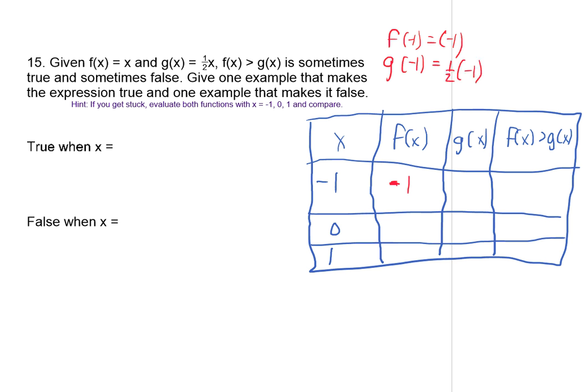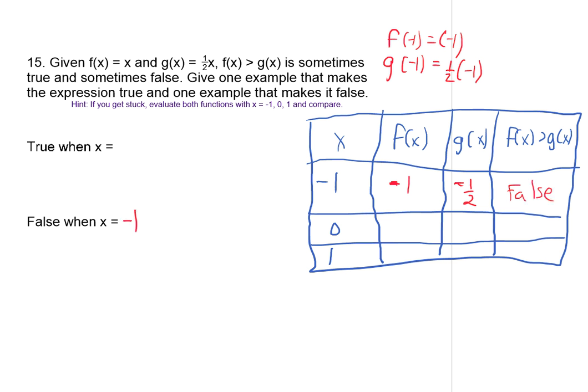Well, half of negative 1 is negative 1/2. So is f of x greater than g of x? Is negative 1 greater than negative 1/2? The answer to that is no. The smaller the negative value, the bigger the number is considered. So negative 1/2 is greater than this. So false. So again, this statement is false when x equals negative 1.